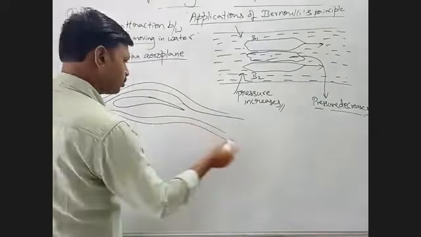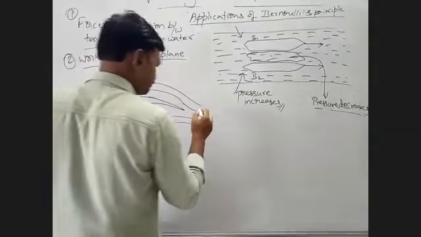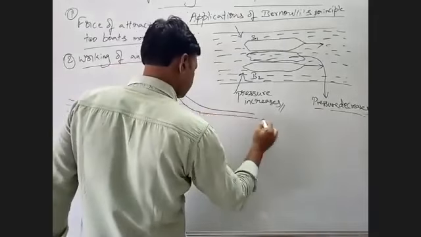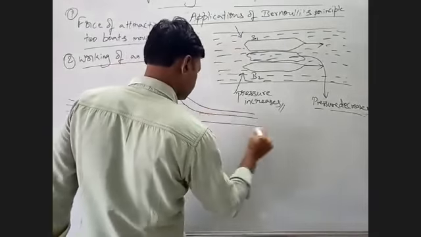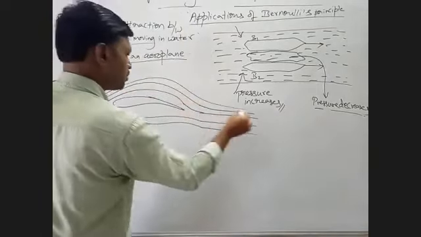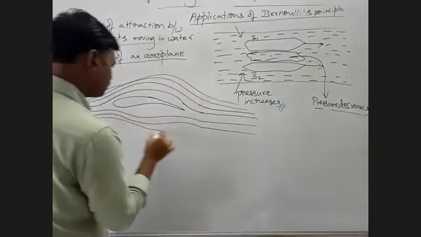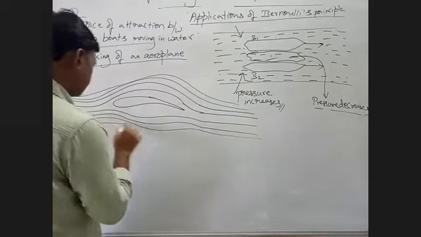In the lower portion, air is flowing like this. So here more volume of air, here less volume of air.